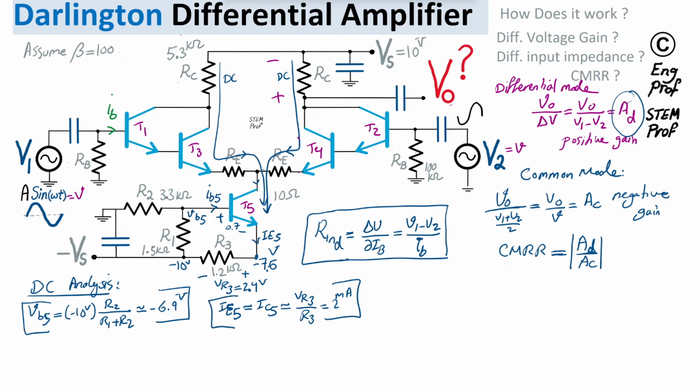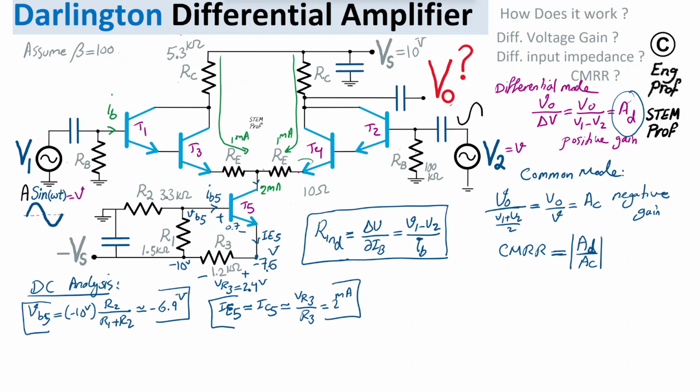Okay, so we found this current to be 2 milliamp. Half of it goes through this branch, 1 milliamp, and the other half goes through the other branch, DC of course, so 1 milliamp. There you go.